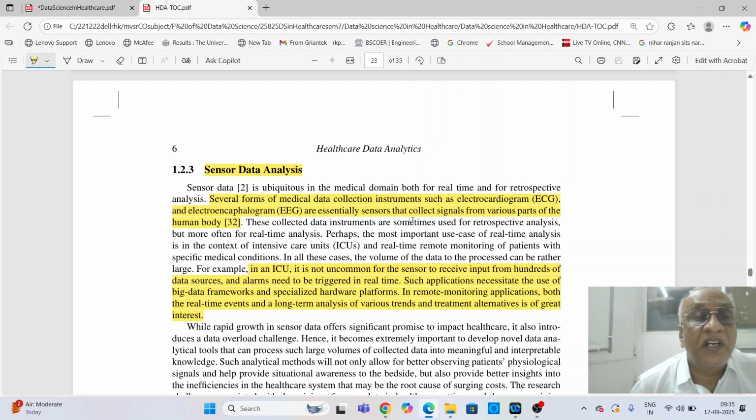The next healthcare data source is sensor data analysis. What are the examples? ECG, electrocardiogram, and EEG, electroencephalogram. Now take the case of ICUs. In ICUs, we use hundreds of sensors for various data sources, recording and triggering alarms in real time, because it is a critical aspect whenever a patient is in the ICU.